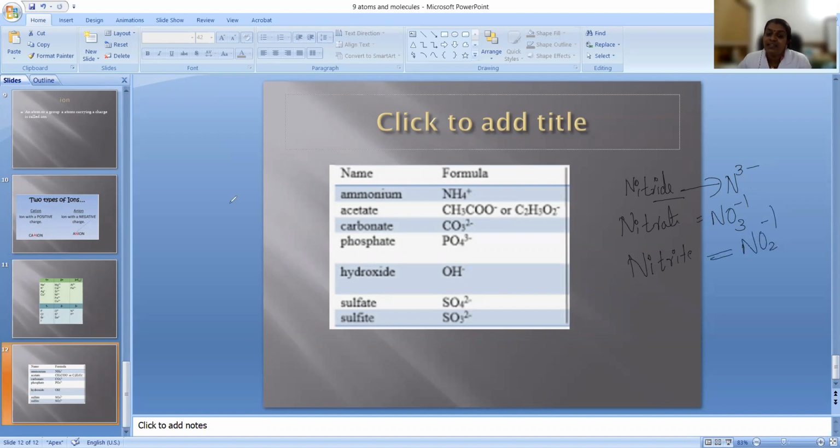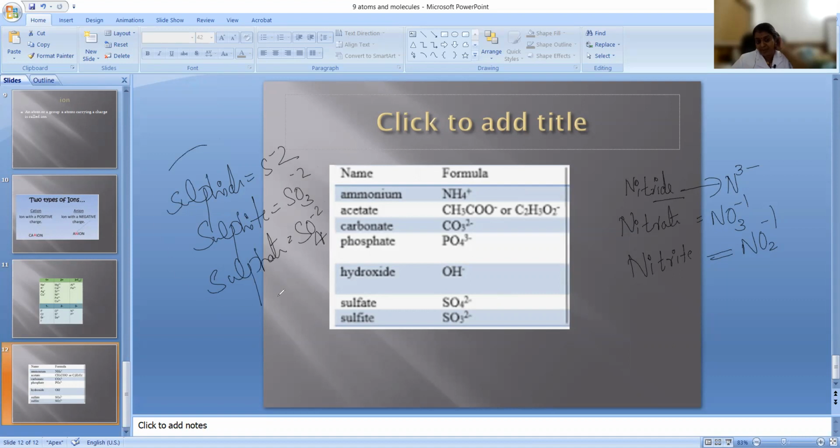Another thing you make mistakes on is sulfide. Sulfide means S minus 2. Sulfite means SO3 minus 2. Sulfate means SO4 minus 2. Don't make mistakes among these.